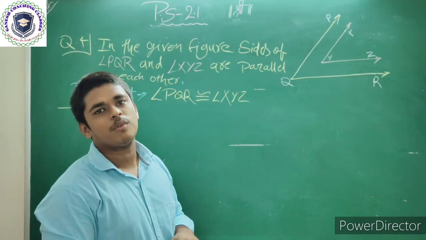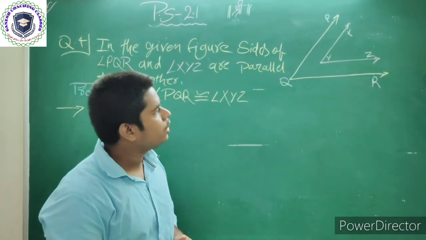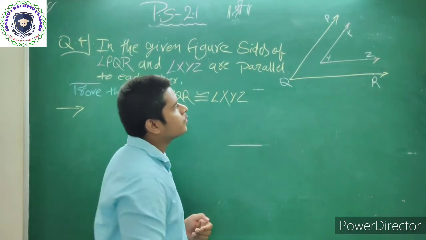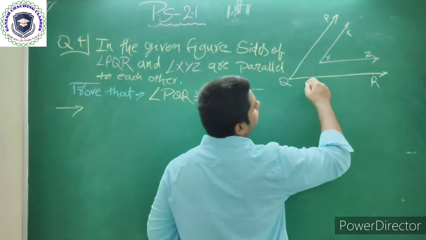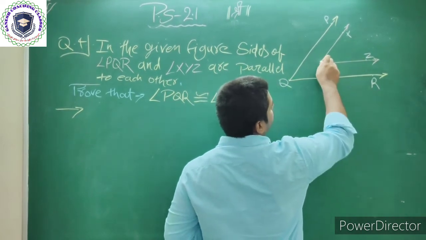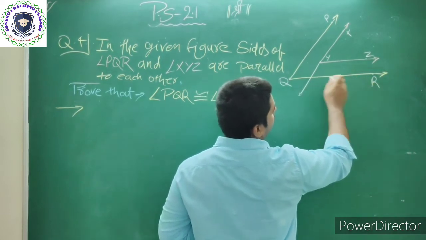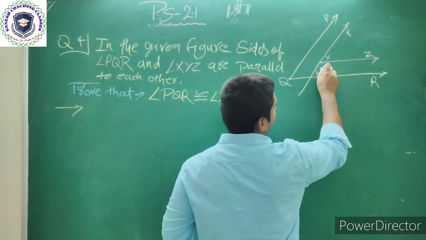Only we have given that sides of these two angles are parallel to each other. So here we have to do construction. So here we are extending the ray XY so that it intersects the ray QR at the point M.